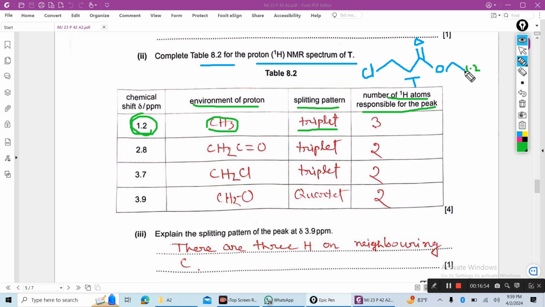Why? Because next to this CH3 there is CH2 with 2 protons, so the splitting pattern follows the n plus 1 rule. N is the number of neighboring protons, so for CH3 the neighboring protons are 2, so 2 plus 1, 3, that will be a triplet.